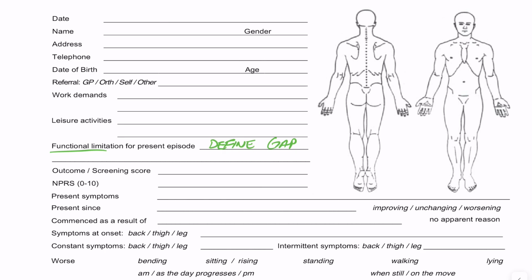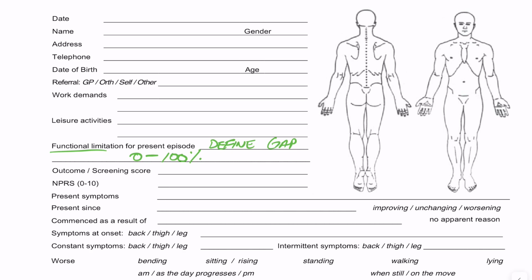Maybe they've had to disengage completely, or maybe they had to pull back 50%. That would be an important thing to document, from 0 to 100%. 100% is complete cessation of the activity, and 0% means they have not lost any percentage of that activity. You can define that and document it, and that will help define this gap in function and justify physical therapy.